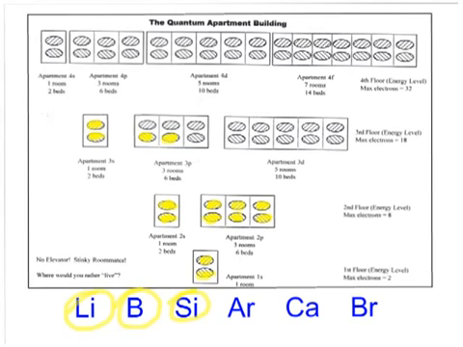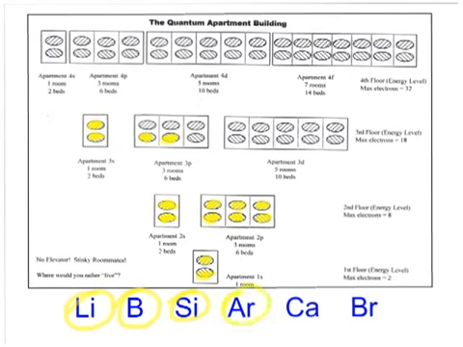Also, keep in mind, we've mentioned the Pauli exclusion principle before, but for any one orbital, only 2 electrons can fit in that orbital, and they must have opposite spin. So that's not being represented right here, but one would be spin up and one would be spin down. Let's do argon.